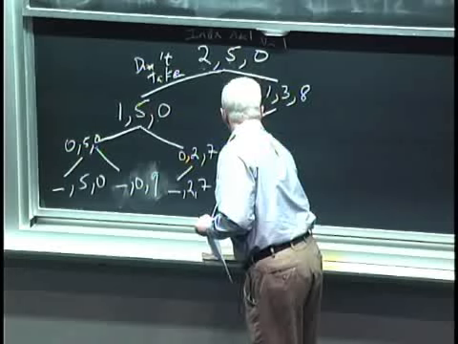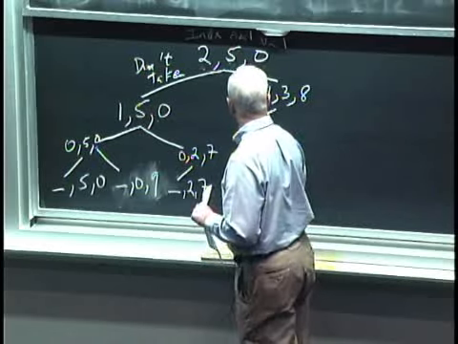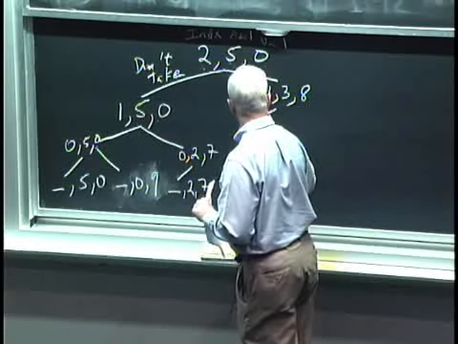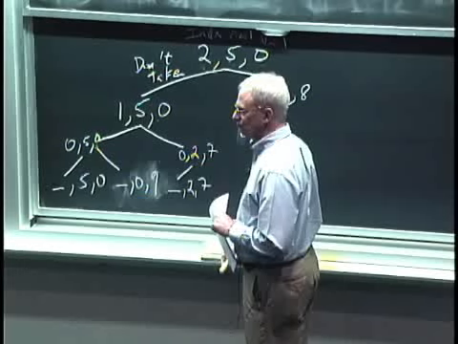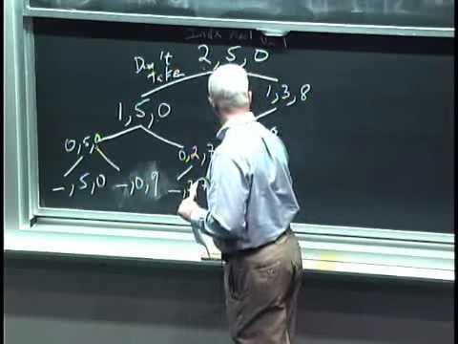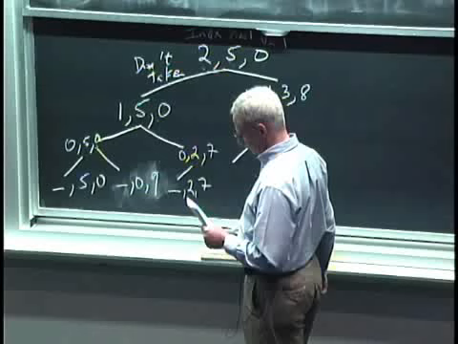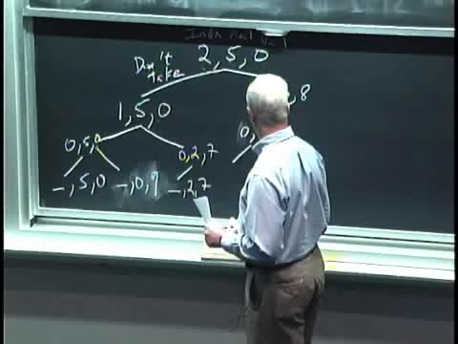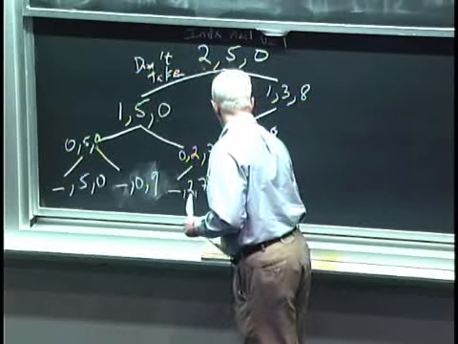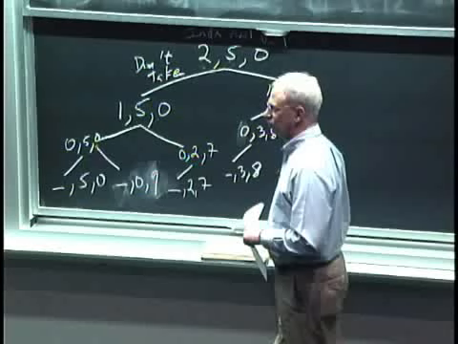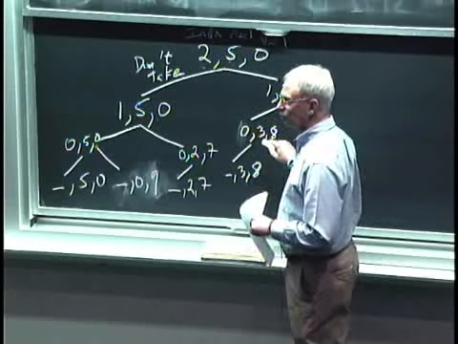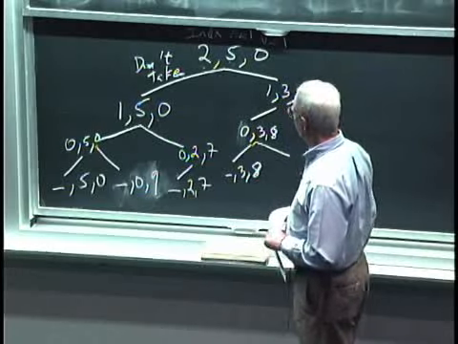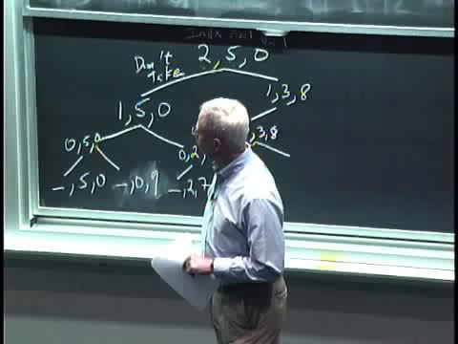Whoop, don't take it. Right, sorry. This is the don't take branch. So I go to 0, 3, 8. And then I can do another don't take branch. And this gets me to what? Minus 3, 8. I'll now back up. And I'll say, all right, suppose I do take item 0.